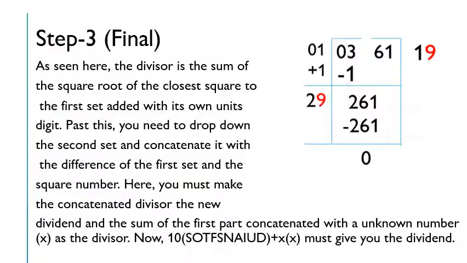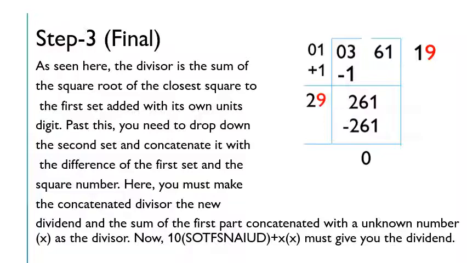So for example, if 39 was in place of 261, and if 1 was there in the divisor's place, then we will put a 3 over there, 13, and then we will add a 3 in the quotient place, because the same units digit is being multiplied with the number having that units digit.